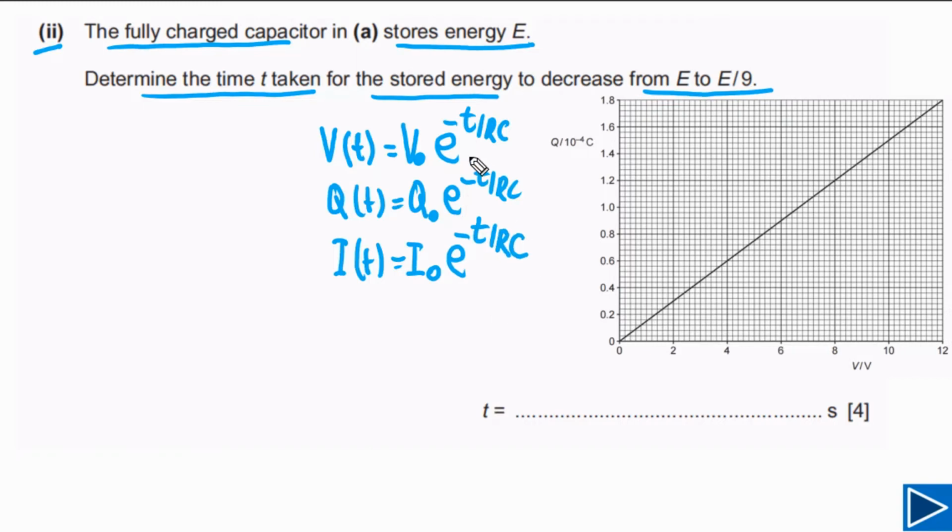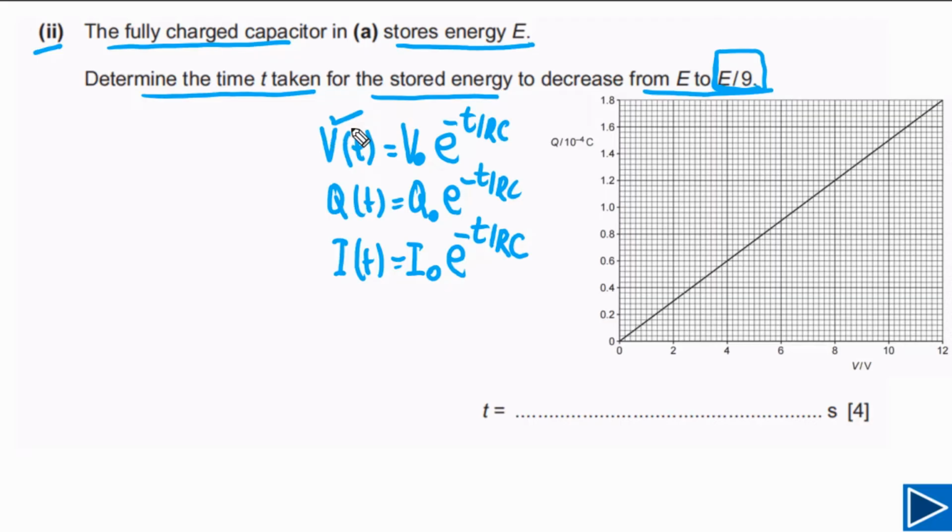We can use them and we can find the value of time. But first we need the value of V when the energy becomes E by 9. We can find the value of Q, or we can find the value of I. But in this case, it is easy to find the value of V. So we will just focus on V.